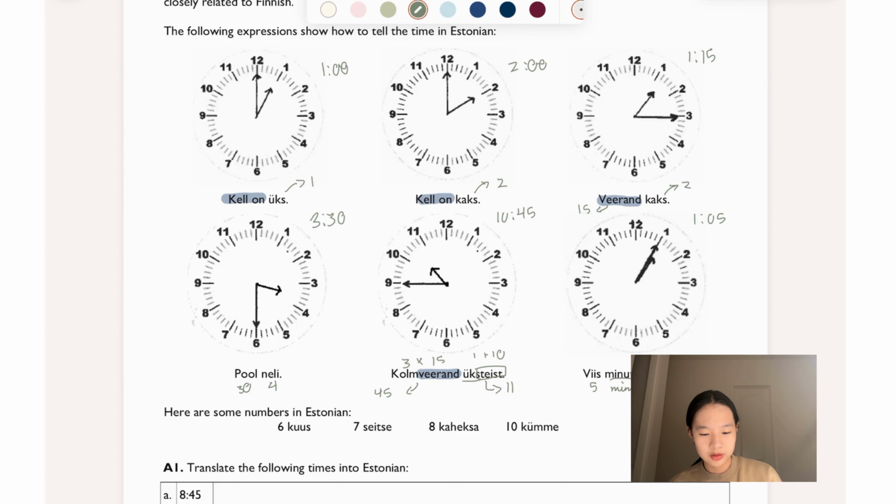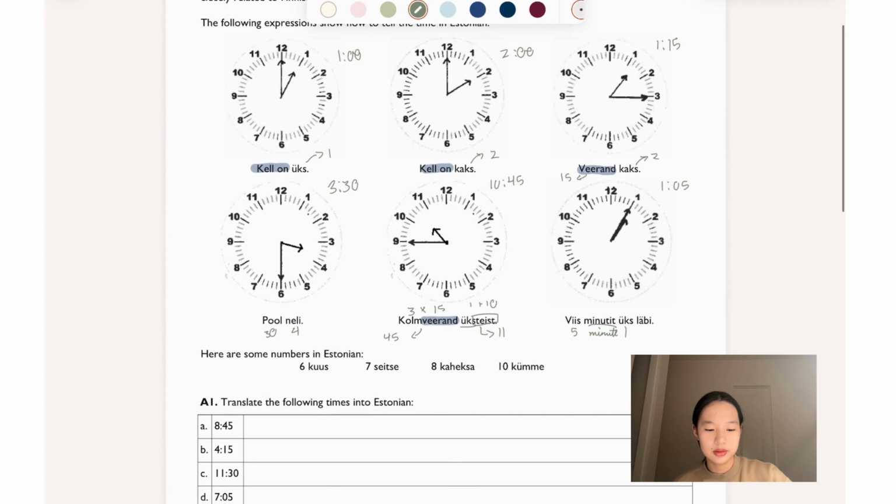So in Estonian, it's the minute first and then the hour. And also they tell time differently, I guess, because instead of 1:15, they have it like 2:15, although it's 15 minutes to 2.